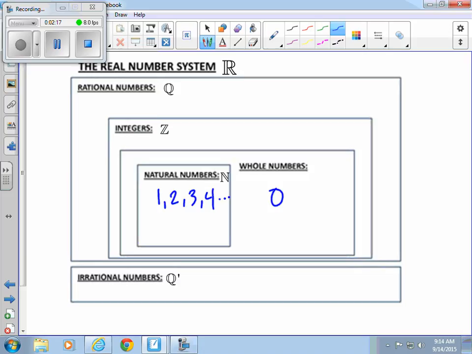All of these plus the negatives. So integers include 1, 2, 3, 4, they include 0, but then they also include -1, -2, -3, -4, and so forth. We are still talking about the counting numbers, though, so positive and negative counting numbers.